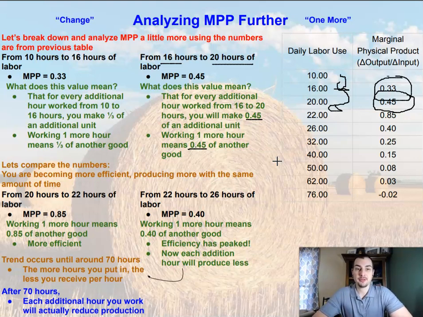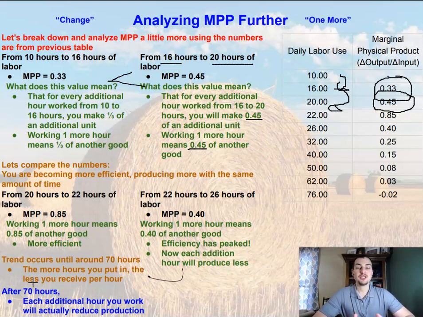So let's compare the numbers. If you work from 10 to 16 hours, you can expect to make 1/3 additional good. If you work from 16 to 20 hours, you're producing 0.45 additional good. Well, which one is producing more? It's that 16 to 20 hour range. 0.45 is higher than 0.33. So what does that mean?